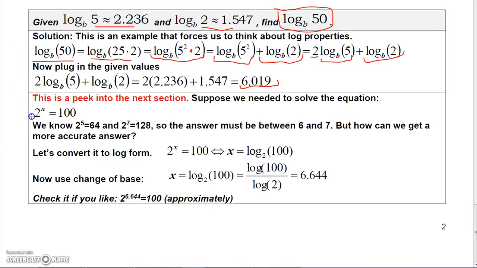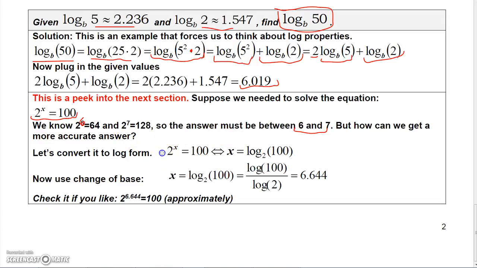All right, real quick, let's take a quick peek here. Let's suppose we needed to solve 2 to the x equals 100. Well, we know 2 to the 6th is 64, 2 to the 7th is 128. So the answer must be between 6 and 7. So how can we get a more accurate answer?